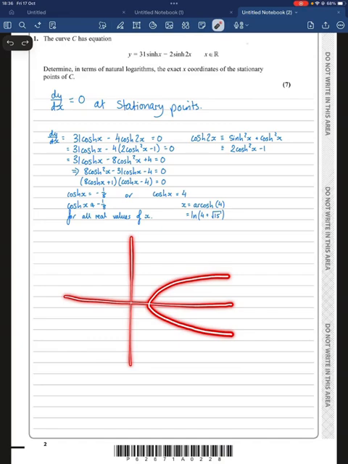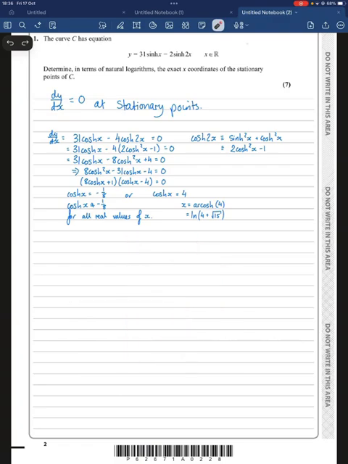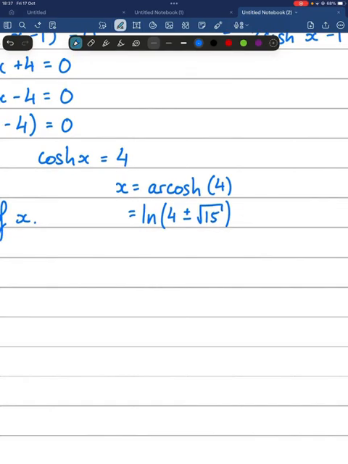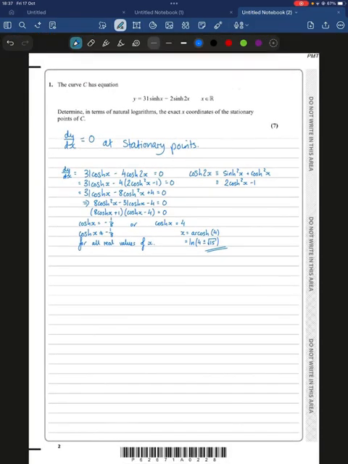But this is still the full graph of arcosh x, it's just that we couldn't have the one-to-many thing. So we're still going to have the plus minus. So what we can say is just make that a plus minus, and this should be our final answer. So that should be 7 marks right there.